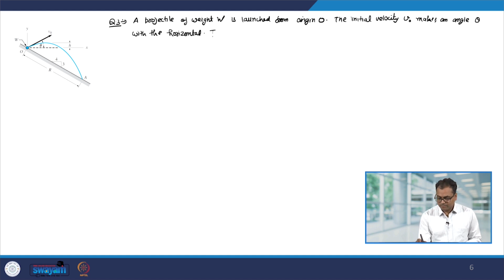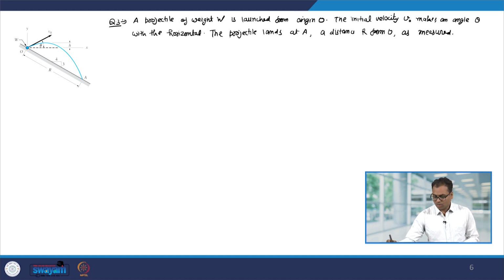The projectile lands at a distance r from O as measured along the inclined plane.